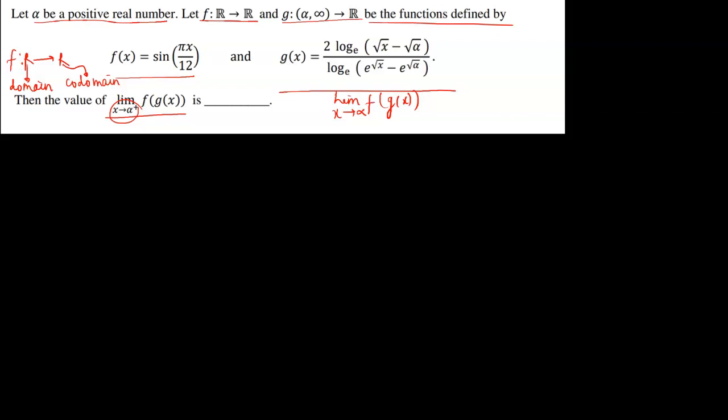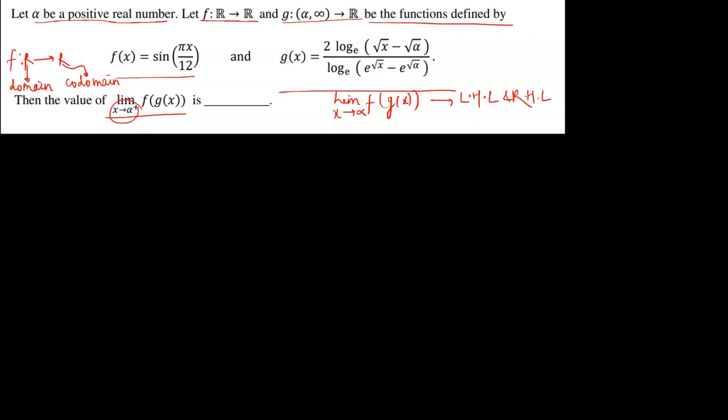That means its LHL, the left-hand limit, and RHL, the right-hand limit, will both exist and both will be equal. But in the domain there is only alpha to infinity, and alpha is also not included there.